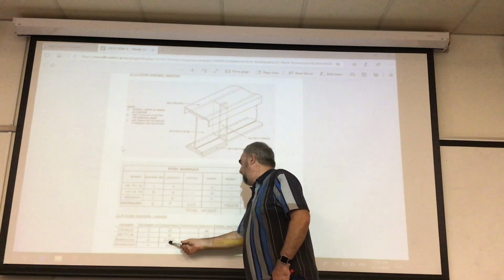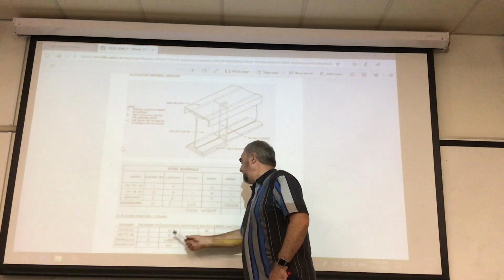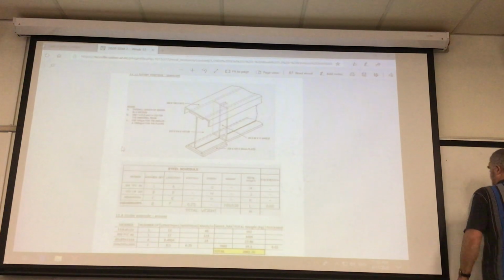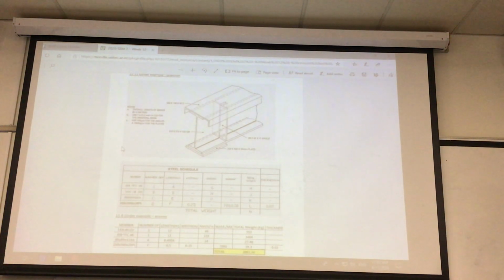The angle, the length of the angle is calculated, I'm sure I'm going to knock that over, but never mind, we'll put it here.